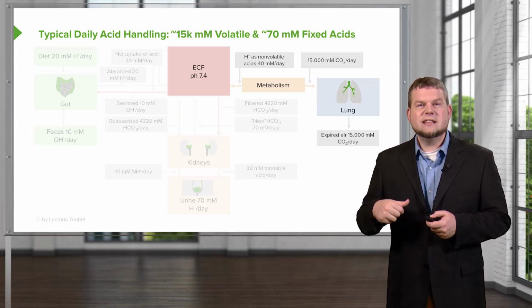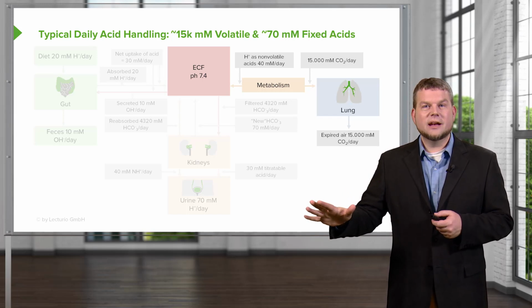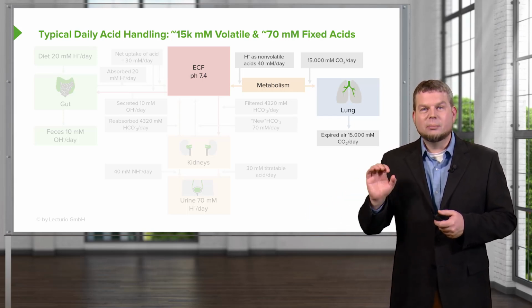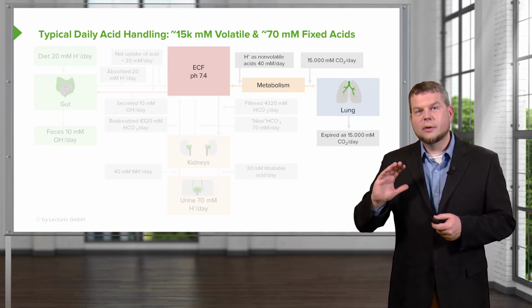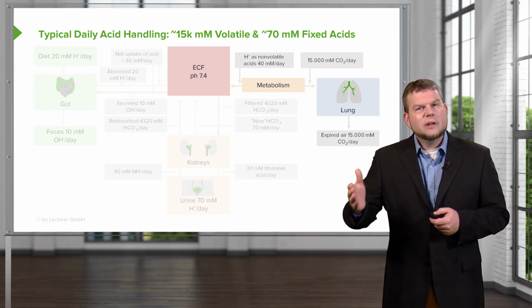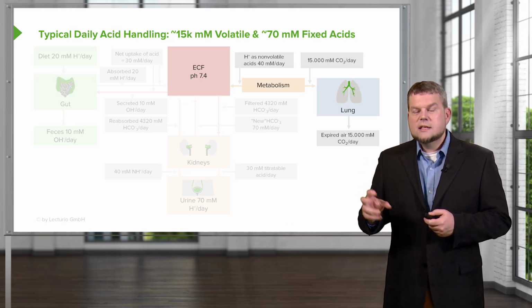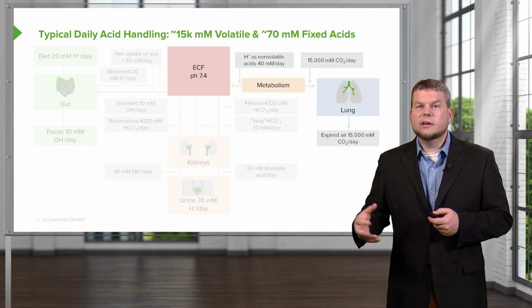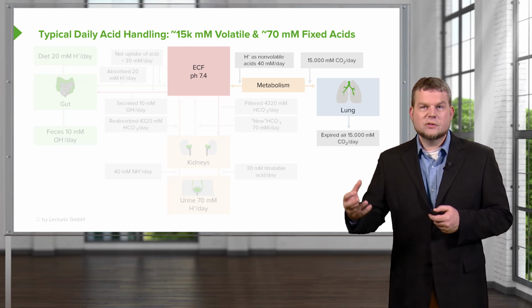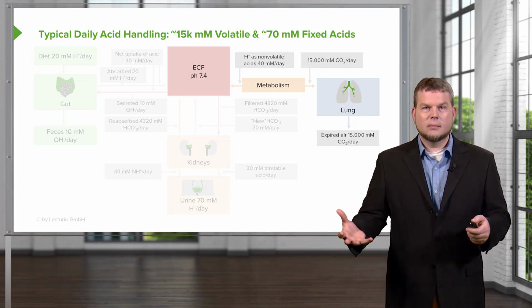And that 15,000 millimoles, gone. You don't have to deal with it anymore. Simply by breathing out, you've gotten rid of almost all of your acid. You can't, though, breathe off that 40 millimole. Well, these non-volatile acids will not be able to produce CO2, go to the lungs, and get breathed off. You have to do something else with them.